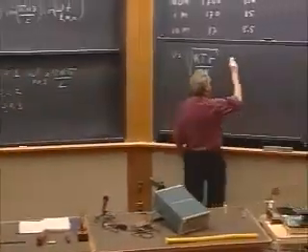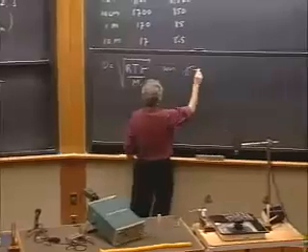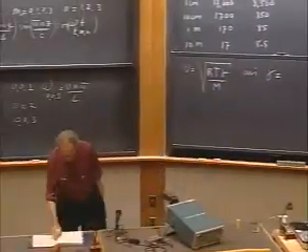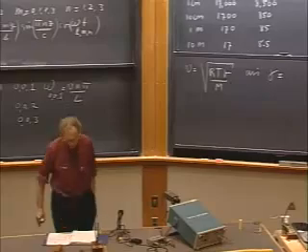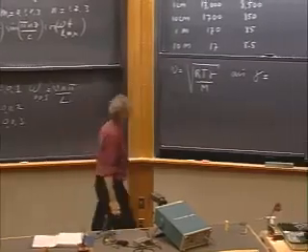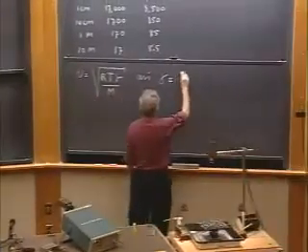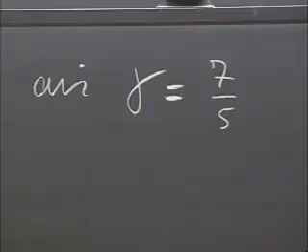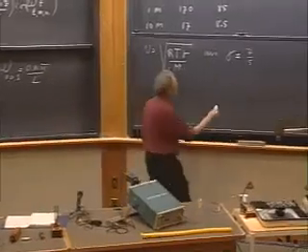Now if we have air, then gamma, air is a diatomic molecule, nitrogen and oxygen. For those of you who've taken 801 and when this was covered, for a diatomic gas, gamma is about 7/5, which would make it roughly 1.4.